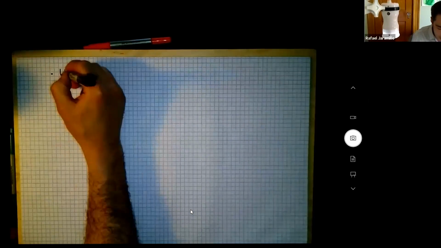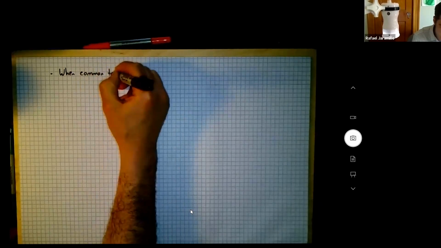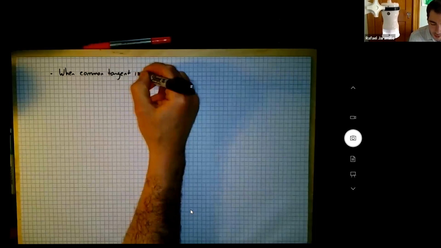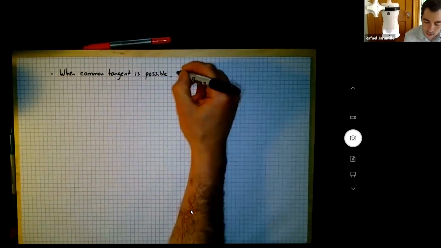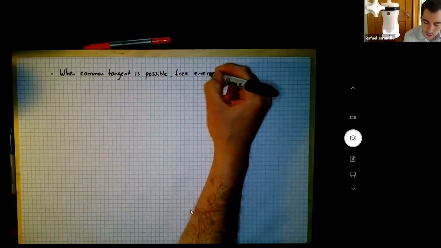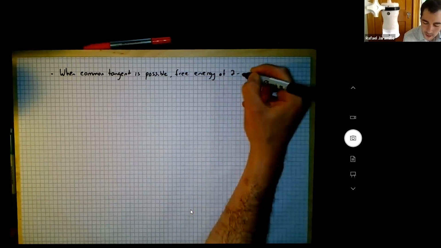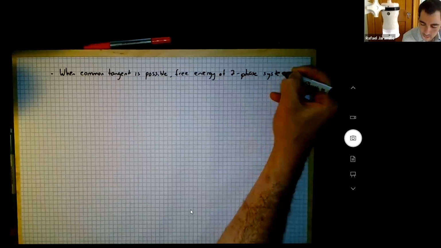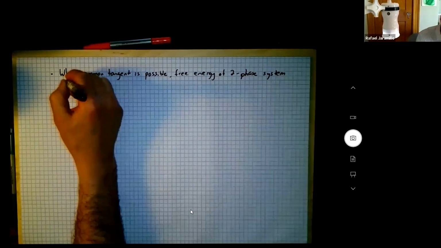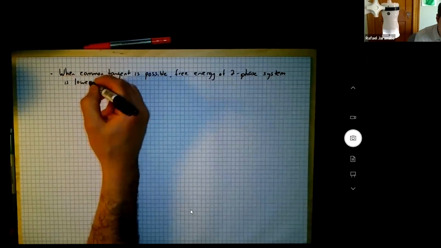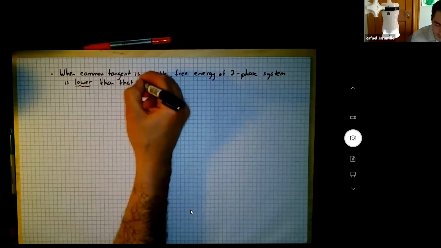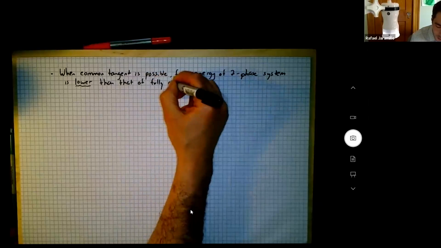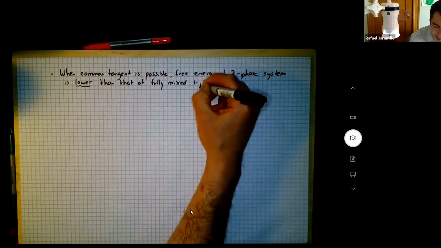When the common tangent is possible, the free energy of the two-phase system is lower than that of the fully mixed one-phase system.